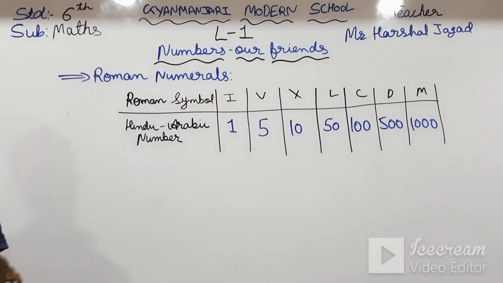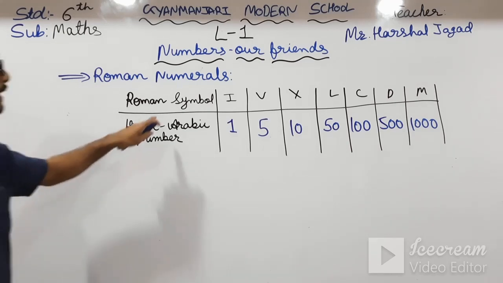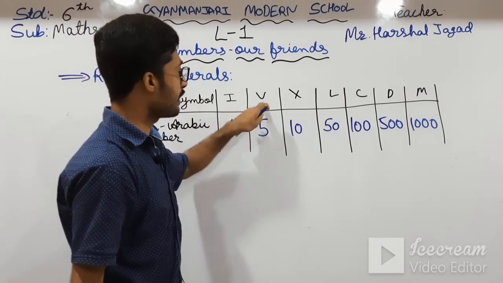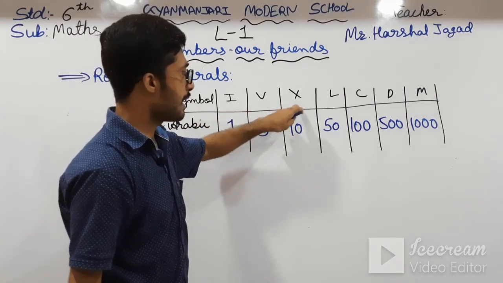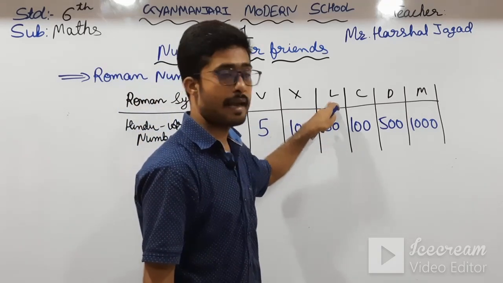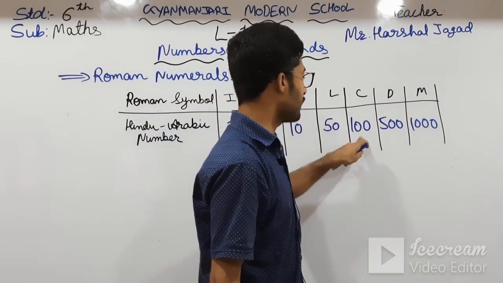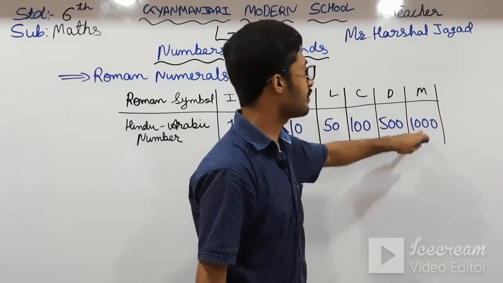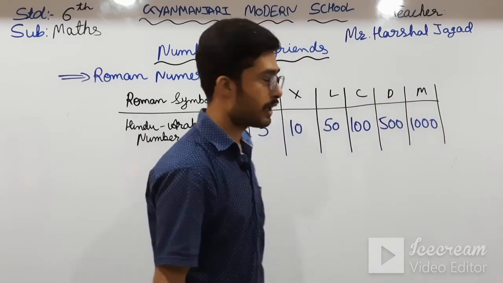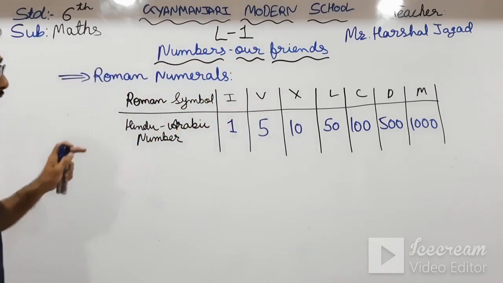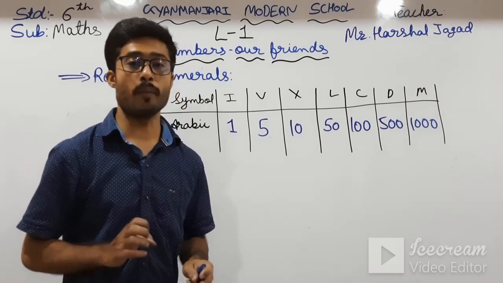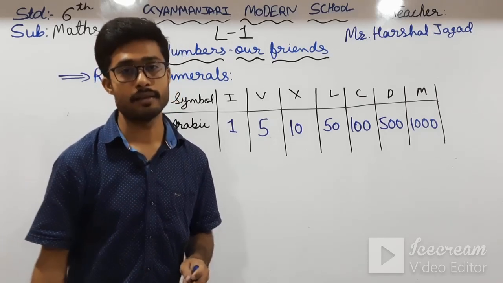So here is the table over here students. In Roman symbol 1 is written as I, 5 is written as V, 10 is written as X, 50 is written as L, 100 is written as C, 500 is written as D, and 1000 is written as M. In this table you can see that there are some rules of the Roman numbers. Let us see one by one.